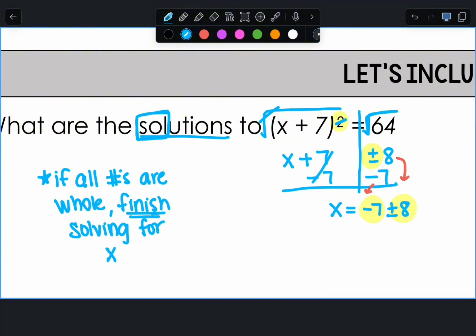If all numbers on both sides of the plus negative are whole numbers, whole number negative 7, whole number 8, you finish solving for x. Write that down, and then I'll explain what I mean by finish solving for x.